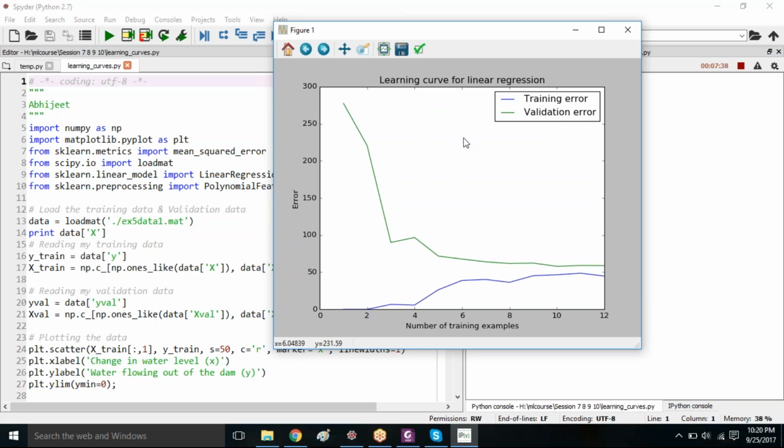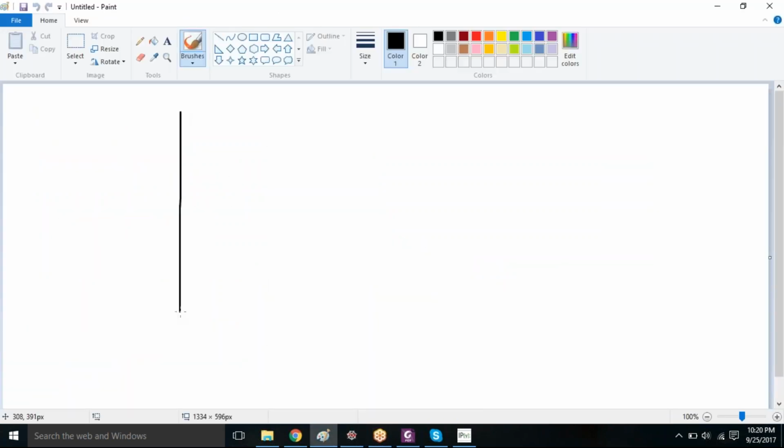Validation data means the new data points which were not included in training at all. So on that data, when we are seeing on the 12 points, it is also still high. It is also around 50, isn't it? So why is it so? Because of the example which I gave you.